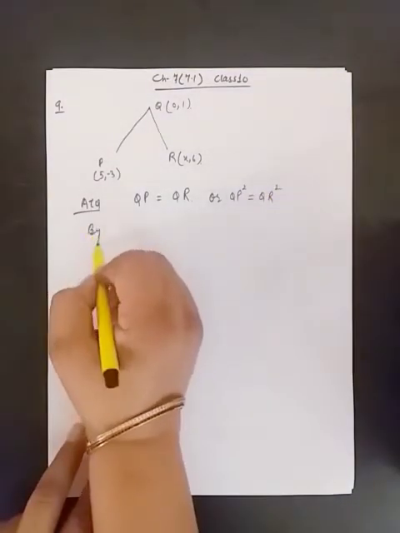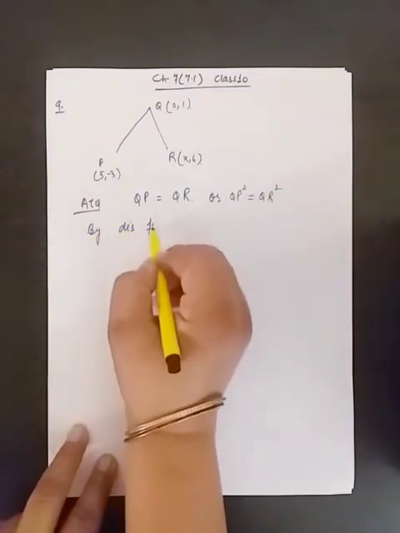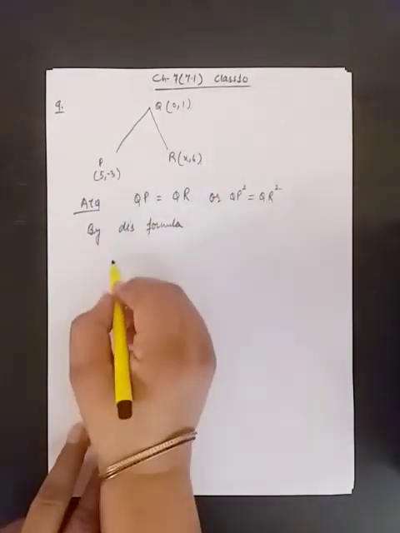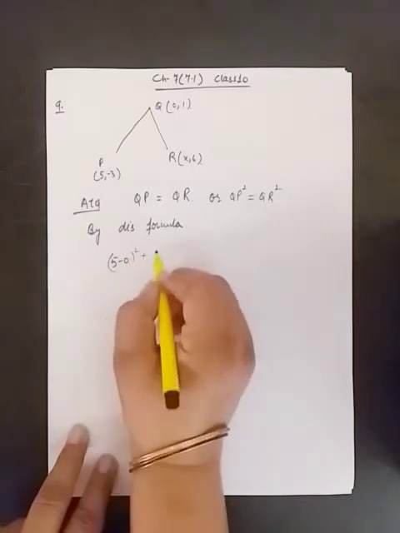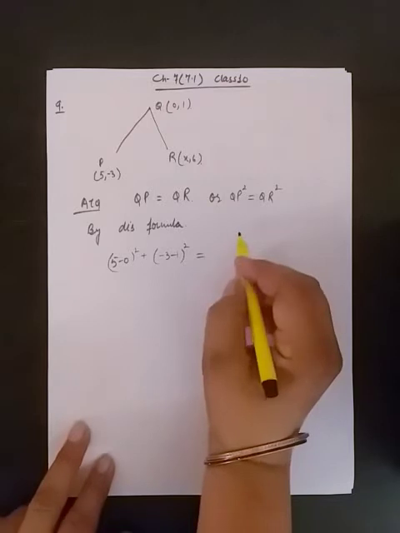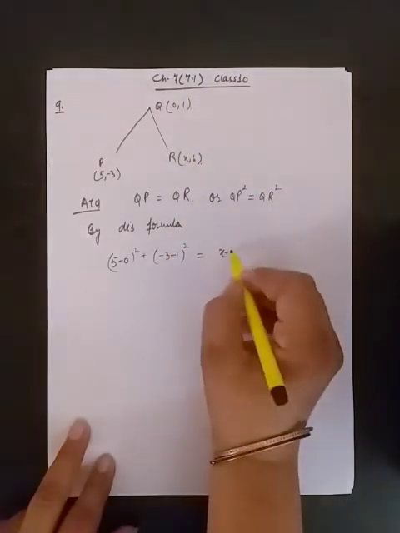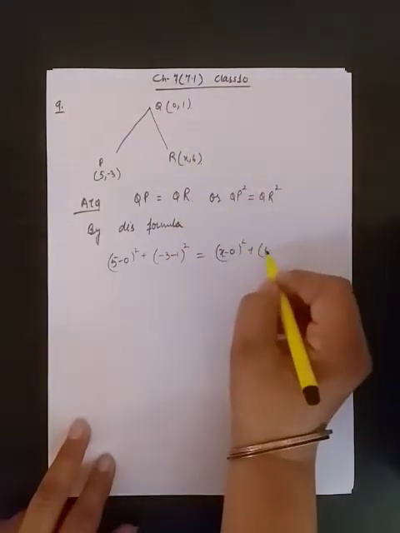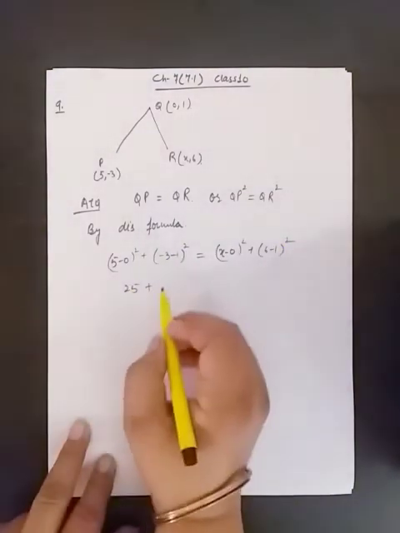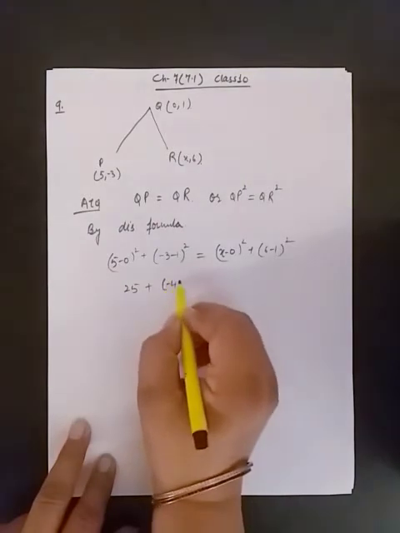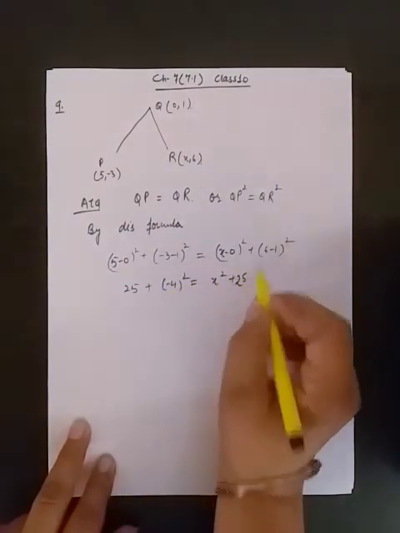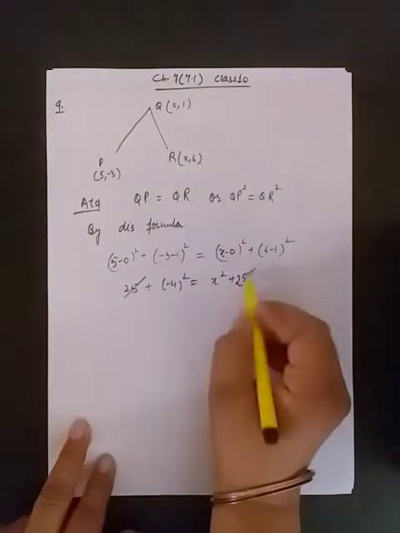So by distance formula we get QP: (5 minus 0) square plus (-3 minus 1) square is equal to (x minus 0) square plus (6 minus 1) square, and it will be 25 plus (-4) square is equal to x square plus 5 square, which means 25, and 25 is cancelled.